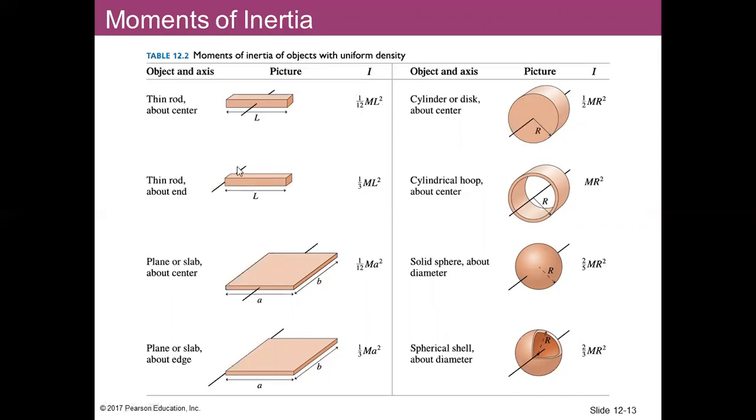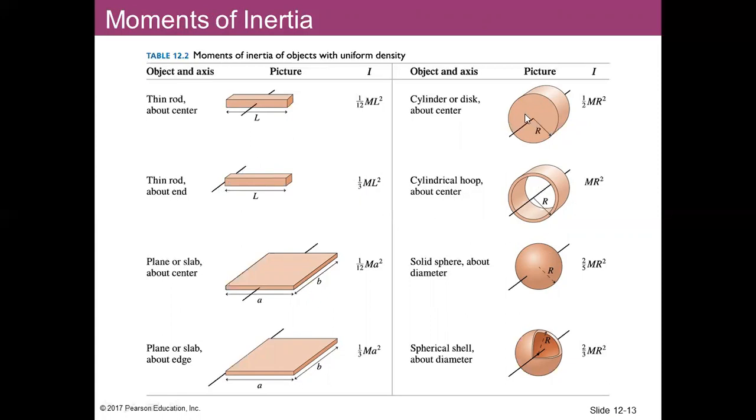If the thin rod is rotating about one of its ends, then we can even prove the formula: I equals I about the center of mass plus m d squared, where d is half of L from the axis to the center. Then you can simplify it and get this answer.